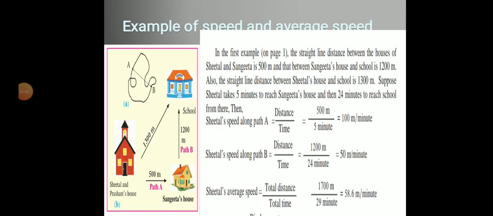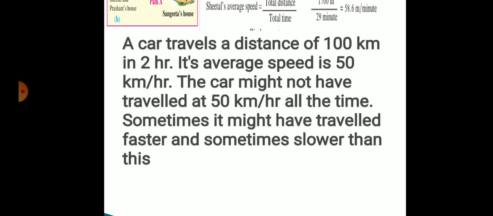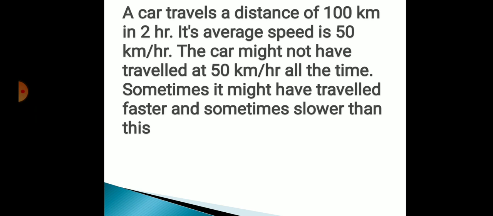We'll take one more example so the concept of average speed will get cleared. A car travels a distance of 100 km in 2 hours. So, its average speed is going to be 50 km per hour, because the car might not have traveled at 50 km per hour all the time.